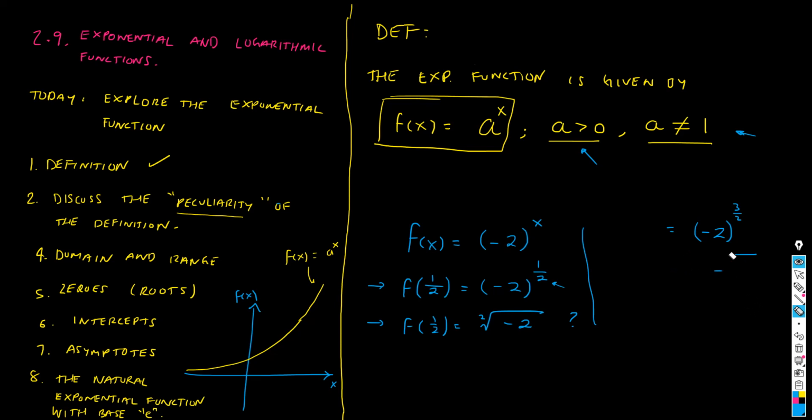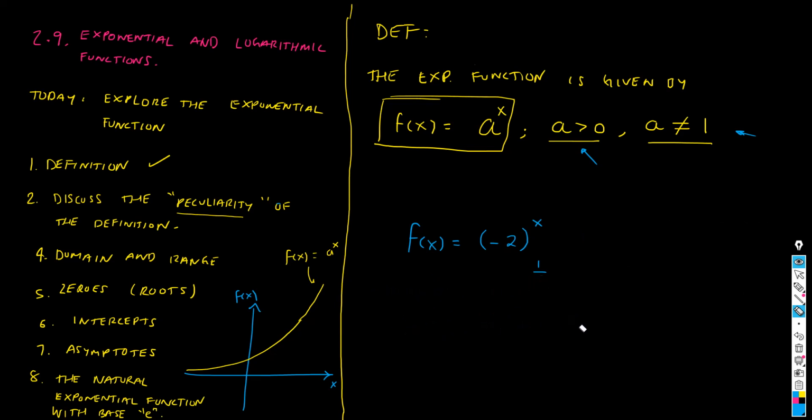And they decided, okay, we're gonna exclude that possibility, because we get into calculations of complex numbers and so on, and we're just gonna decide for this constant a to be only positive and different than 1. So that is the reason, guys. So second point done.